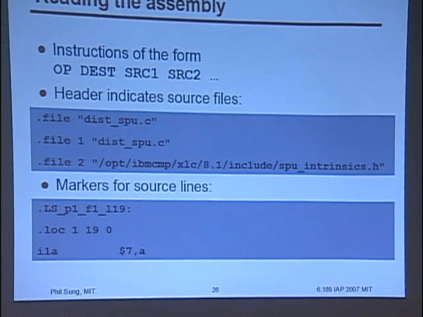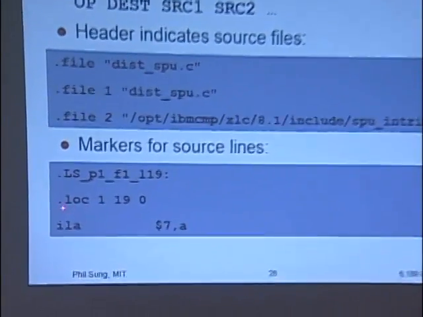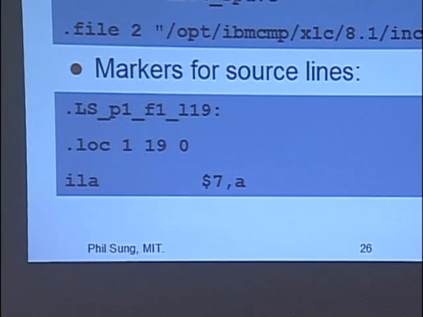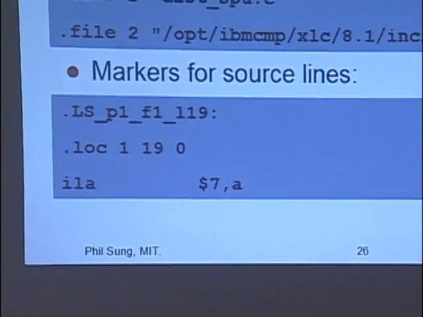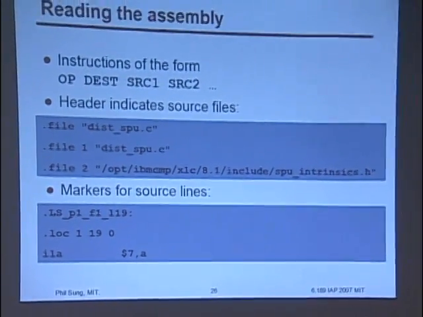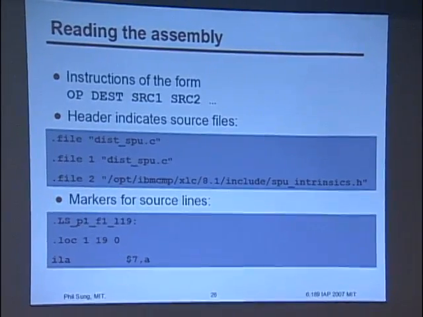And where the actual assembly is, there will be markers that say, for example, location 1 19. What this means is that here is the assembly corresponding to file 1, line 19. That's helpful if you're trying to get your bearings inside the assembly, because otherwise it's really hard to make heads or tails of. Questions?